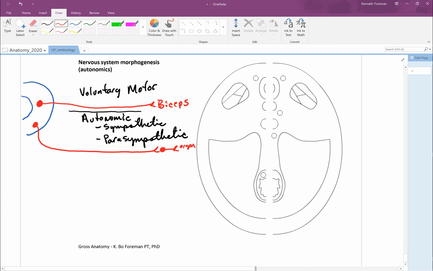So we have 1 and 2 cell bodies. Now, the same thing happens for sympathetics and parasympathetics. The lengths are just a little bit different.